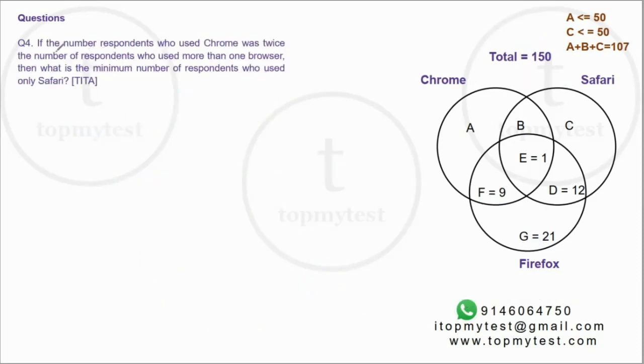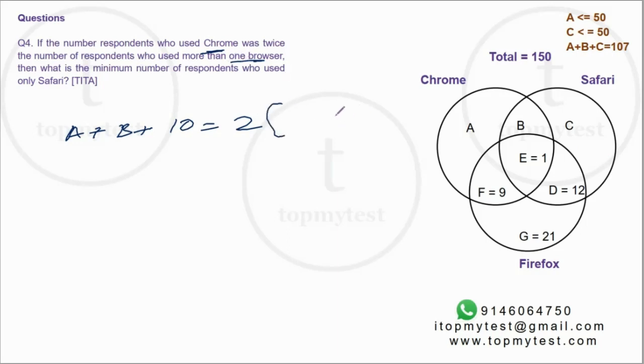And the last one, if the number of respondents who used Chrome was twice the number of respondents who used more than one browser. Chrome is A, B, E, F. So A, B, E and F combined is 10. This is 2 times the number of respondents who used more than one browser.